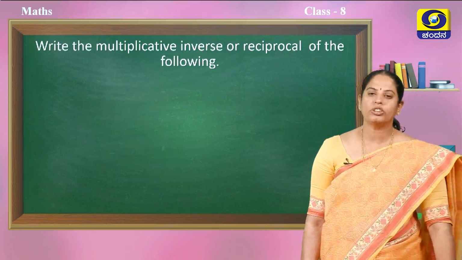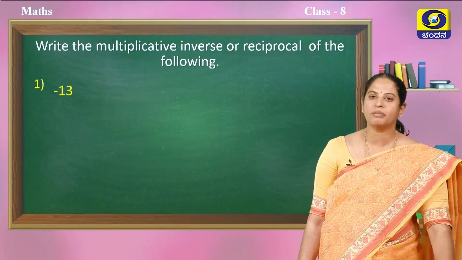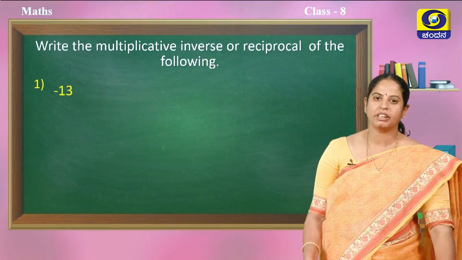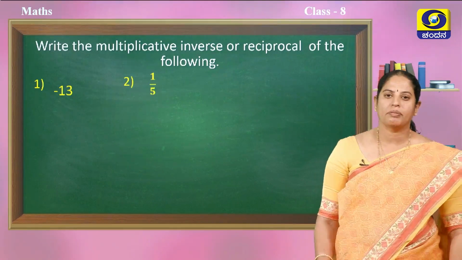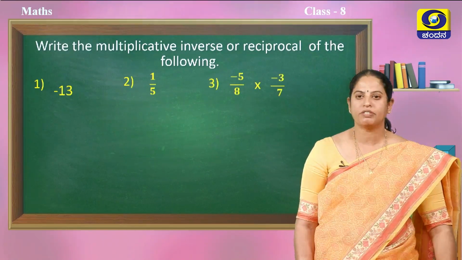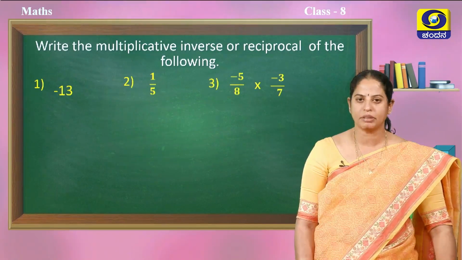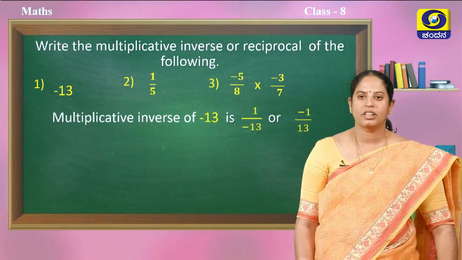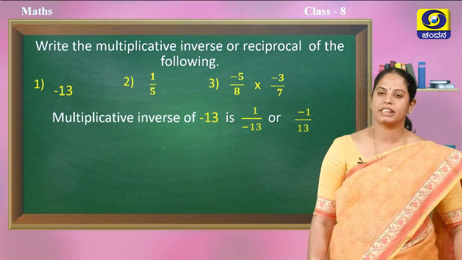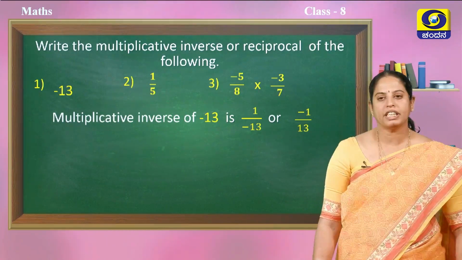Now I am going to give you a few examples. Write the multiplicative inverse of these numbers: minus 13, 1 by 5, minus 5 by 8 into minus 3 by 7. Here the multiplicative inverse of minus 13 is minus 1 by 13.